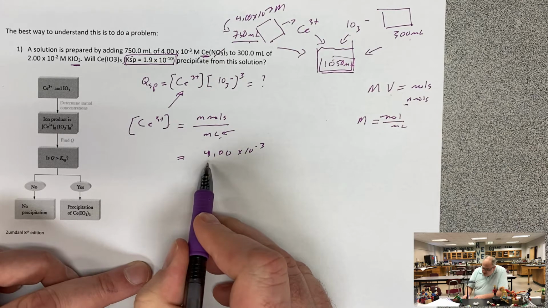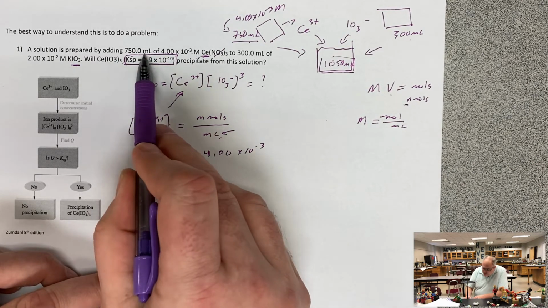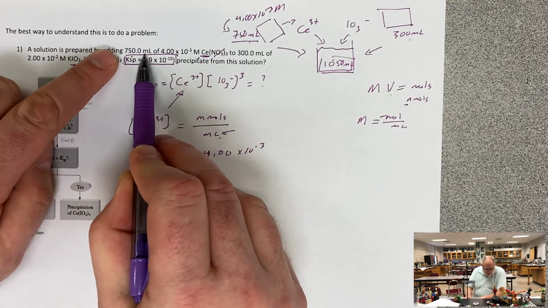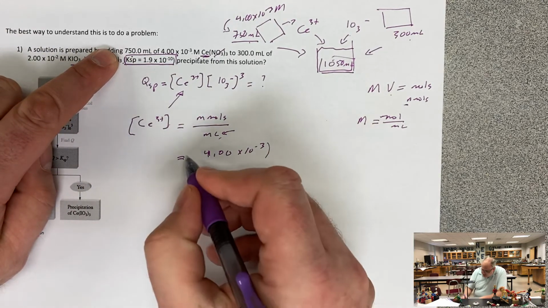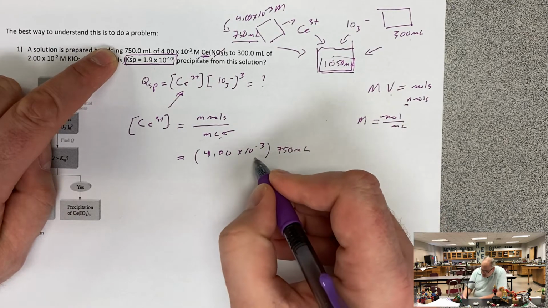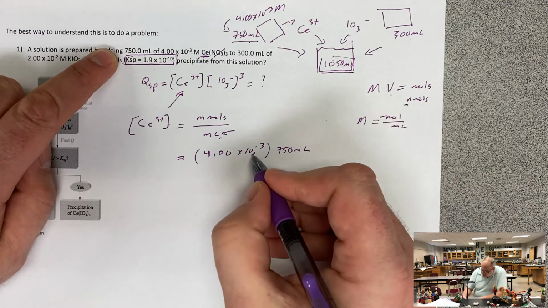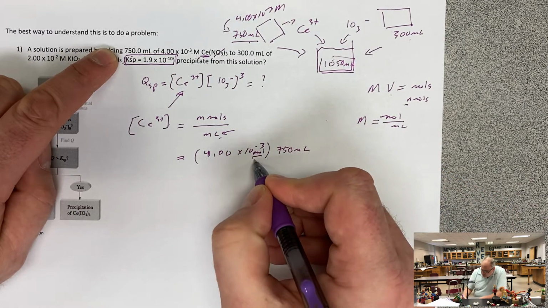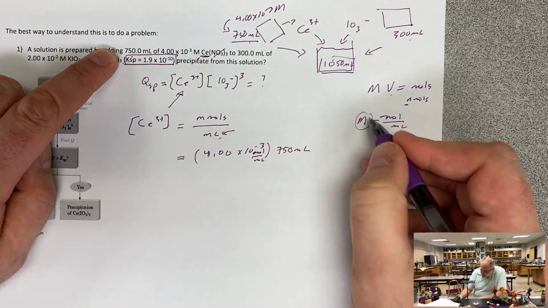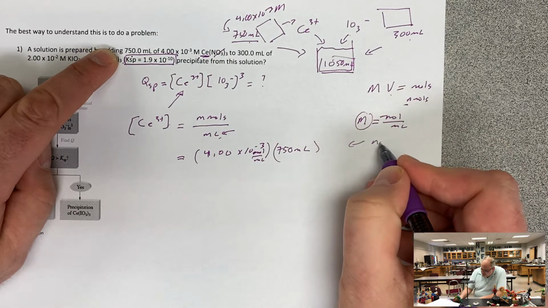Now, since we know our molarity originally, and now we know the volume that we're starting off with here, which is 750, we can multiply these two numbers by each other, 750 milliliters, and it'd be easier if we converted this to millimoles. We can say millimoles per milliliter, because that's what molarity is, right? We put that on the top, and that's going to give us our moles.